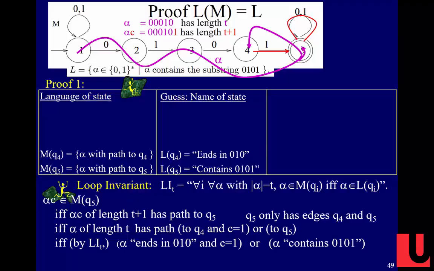So now we can go back to talking about alpha C. If alpha ends in 0, 1, 0, and C is a 1, then alpha C ends in 0, 1, 0, 1. And if alpha contains a 0, 1, 0, 1, and I put another character on the end, it still contains 0, 1, 0, 1. Does that make sense?